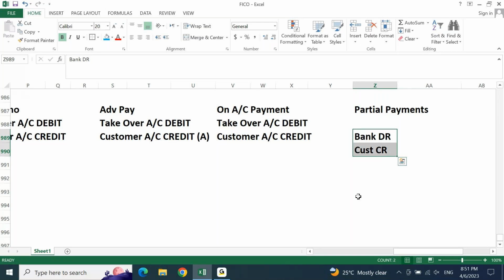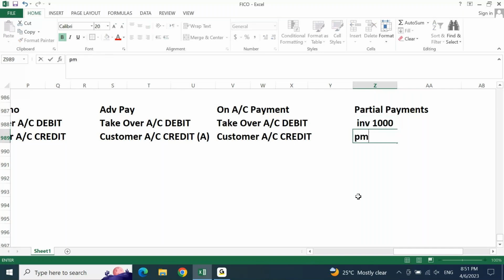This is again one more interview question. They might ask you how you are going to identify partial payments. Let's say you have one invoice of 1000.